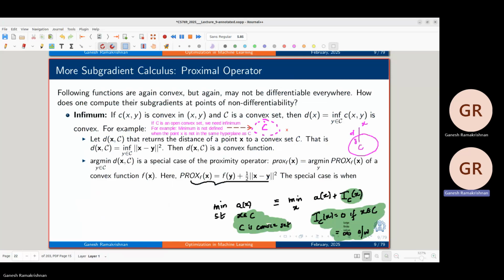Find a gradient and then do a projection onto the set C. So instead of doing a proximal operator, there is another one which I'm showing on the board. Special case. It's called projection.